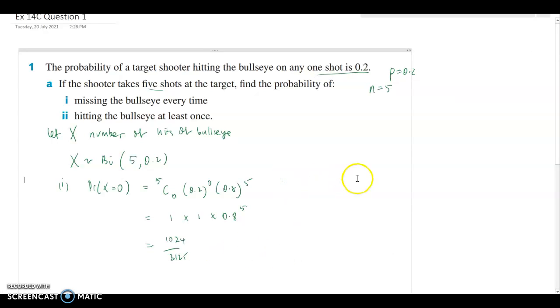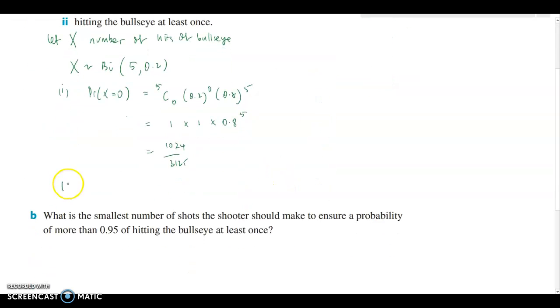Now, the other way of doing this is to use your calculator and use Binomial Pdf. So let's do it using Binomial Pdf. We wanted 0 successes, there were 5 trials, and the probability of success was 1 out of 5.